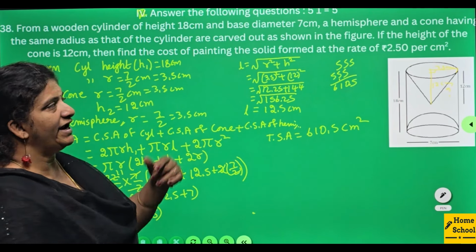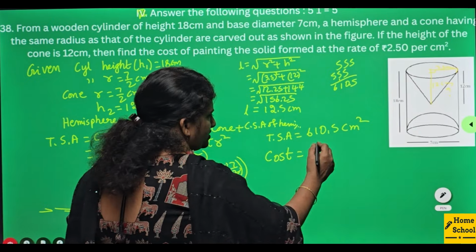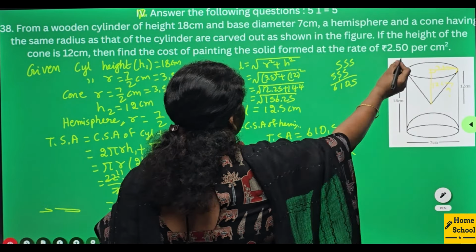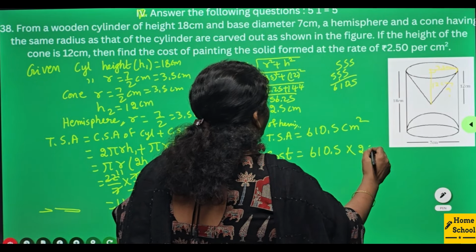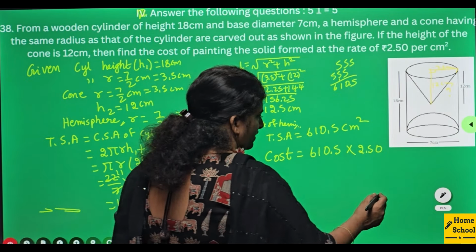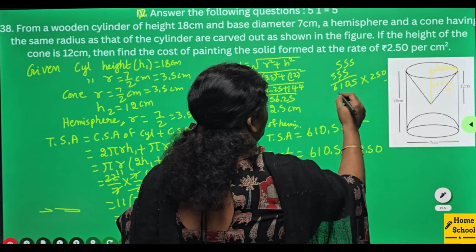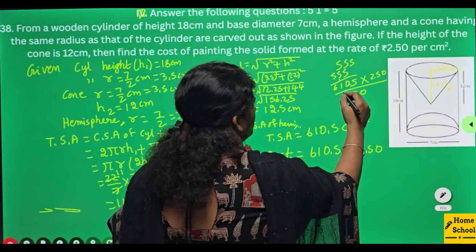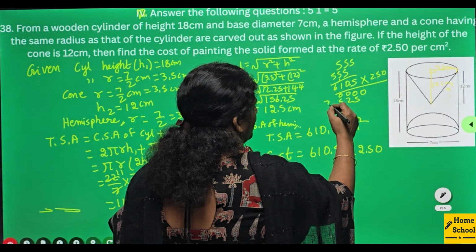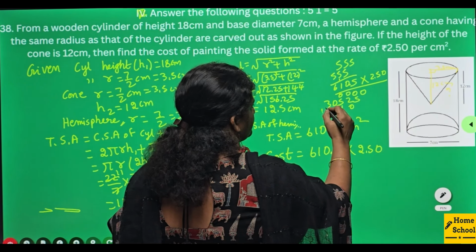Now cost of painting asked. Therefore, cost of painting the solid is 610.5 into, what is the rate? 2.50 per centimeter square. So directly multiply this one. What are you going to get? 2.50 multiply, 4 zeros with 5, 5 5s are 25, 5 6 are 30, 2 5s are 10, 2 6 are 12.